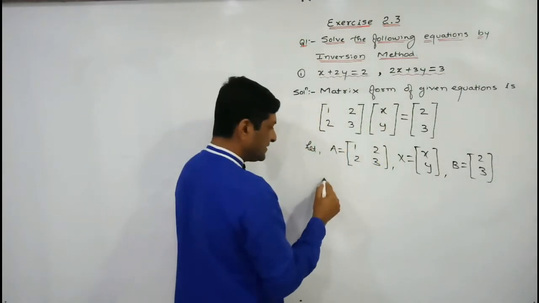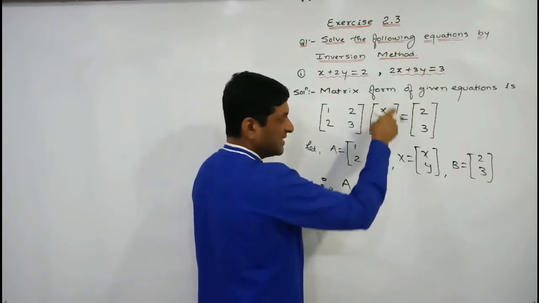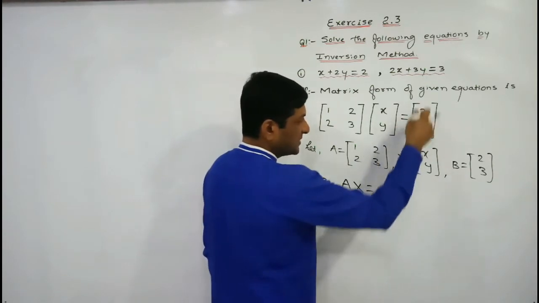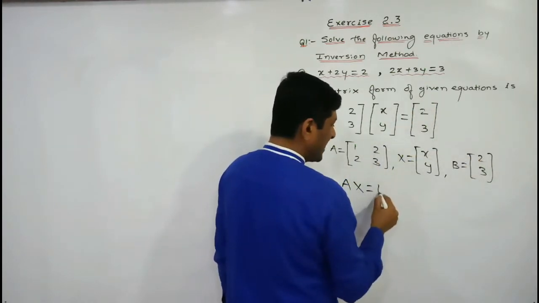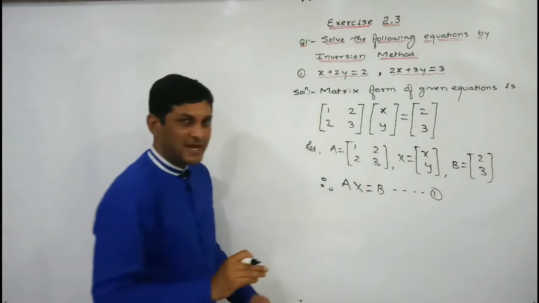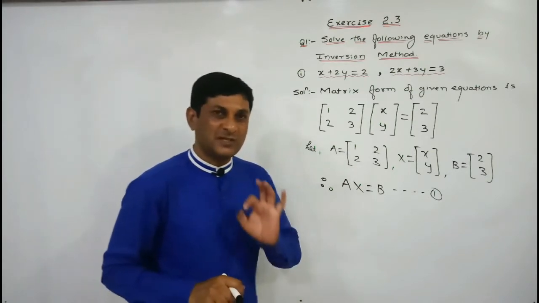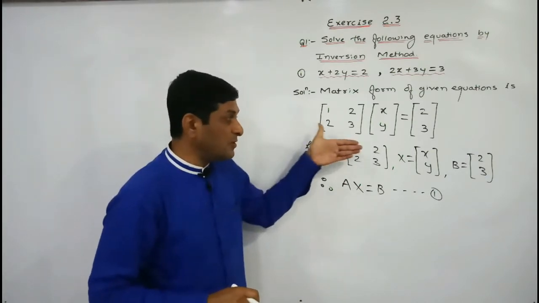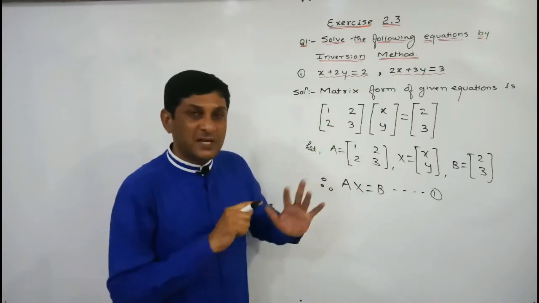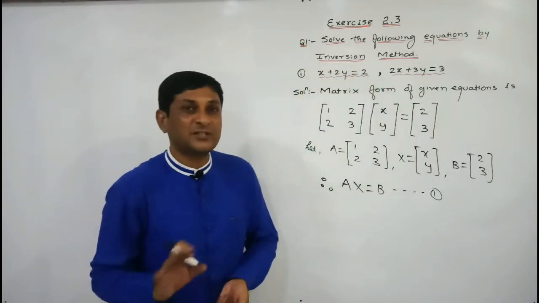So this equation will become A X equal to B. Whatever equation we have got here, denote this equation by equation number first. Once this equation first is known to us, our aim is to find the inverse of this matrix, and applying A inverse we are solving this example. That's why this method is called the inversion method.